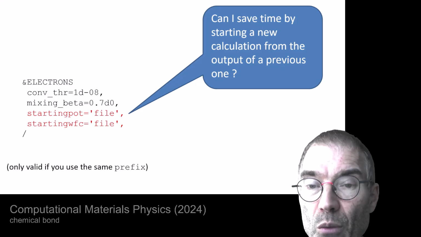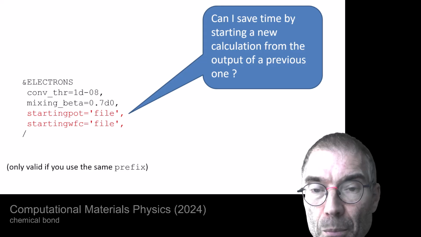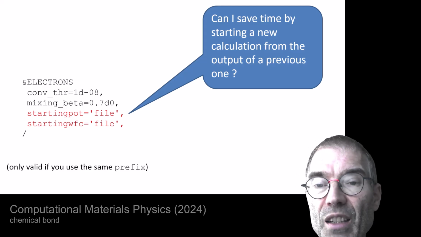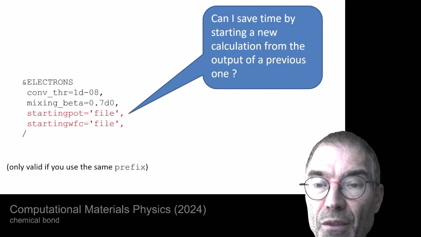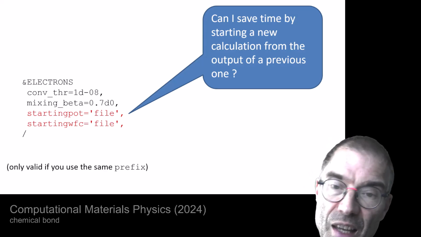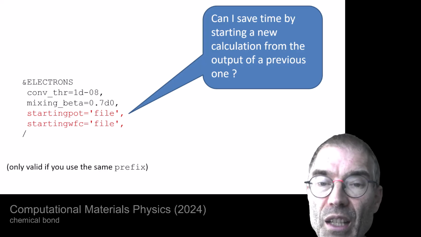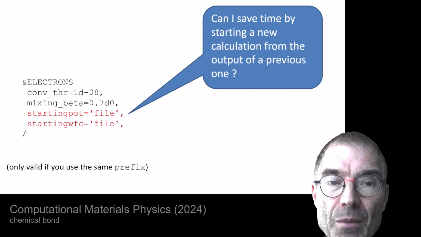So this only works if you don't change the prefix value. If the prefix still keeps being the same as in your previous calculation, then it will read files with that prefix and with information on the potential and the wave function, and you will start from the final point of your previous calculation rather than from a superposition of free atoms.